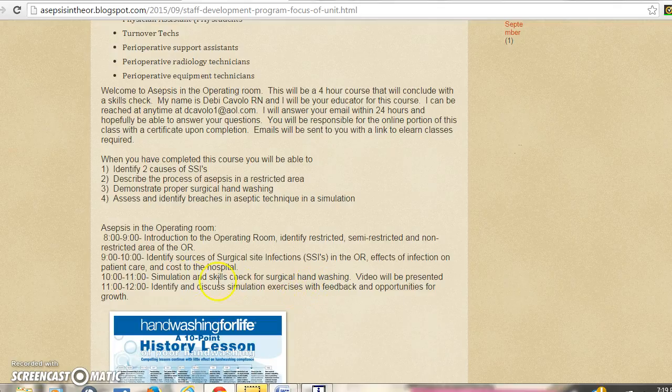So you have basically let them know that this is going to be a simulation as well as a skills check for surgical hand washing, and that a video would be presented. And you would be finalizing the unit of instruction with identifying and discussing the simulation exercises with feedback. I thought that was excellent.